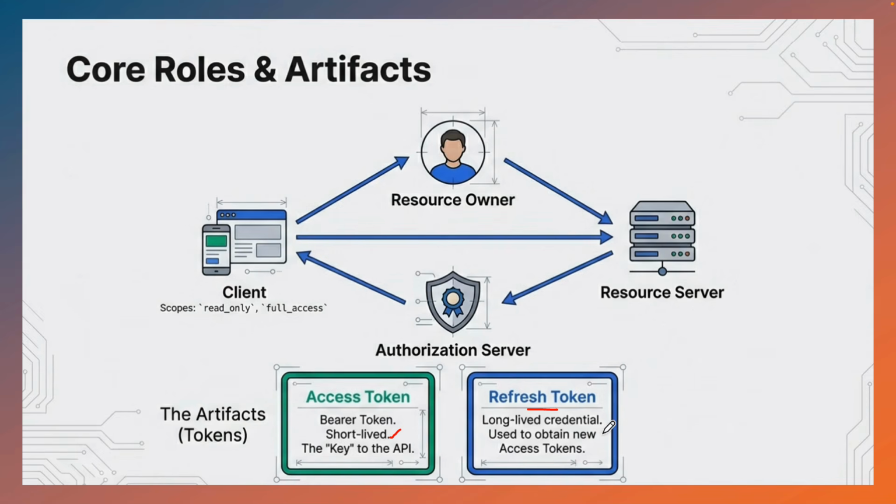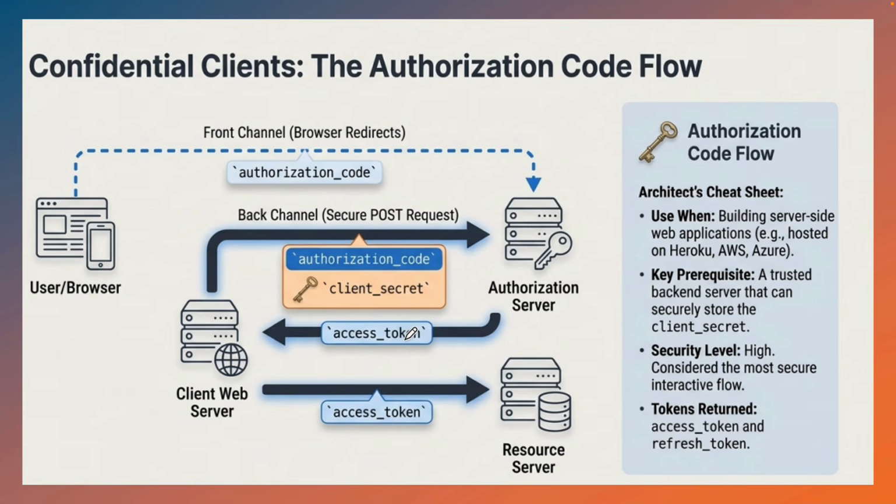Now we will do a quick walkthrough of the different OAuth flows that we have discussed in our playlist, so that you will have a one-liner for each type of flow. The first one that we discussed in great detail in our playlist is the authorization code flow. This is the flow that you should use whenever you are doing the integration with web applications.